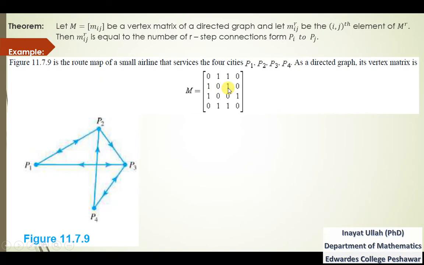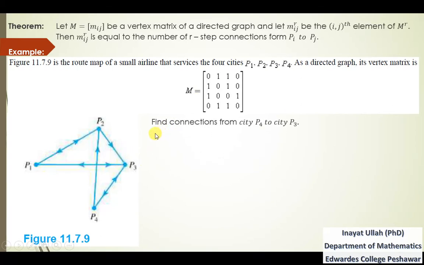From P2 to P3 there is an edge, and from P2 to P4 the edge is missing. There is no directed edge. Similarly, for P3, from P3 to P1 there is an edge. P3 to P2 directed edge is missing. P3 to P3 edge is missing. P3 to P4 directed edge exists, and similarly. So that is the vertex matrix for this directed graph.